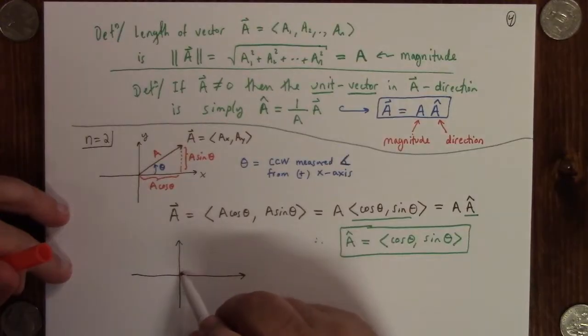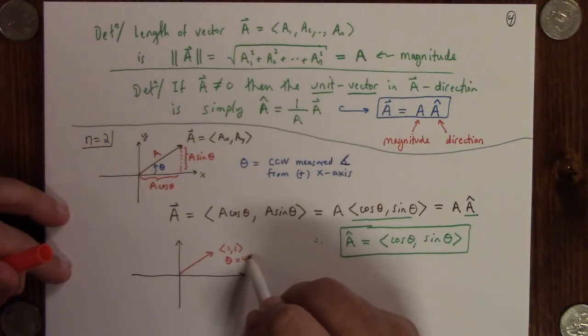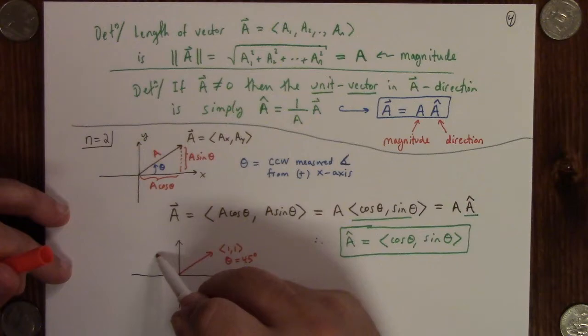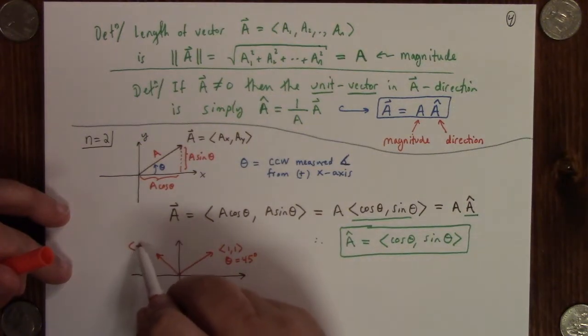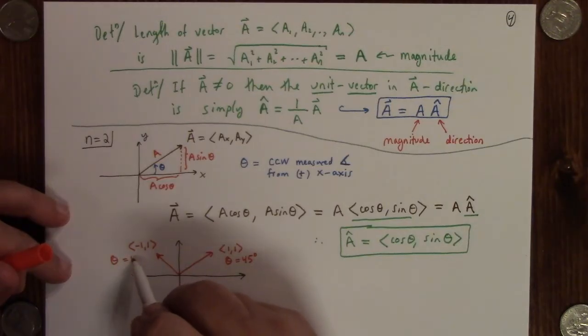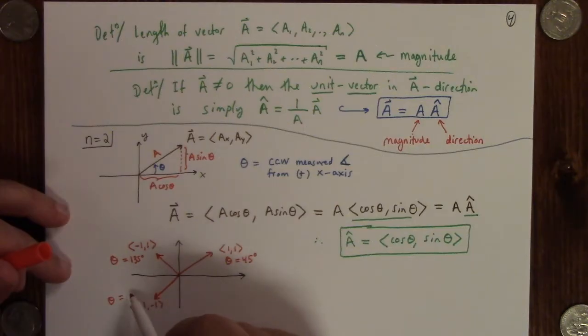But just a quick example. This vector 1, 1 has theta equal to, I'll do it in degrees right now, you could do it in radians if you want, 45 degrees. This one over here, which would be something like minus 1, 1, has theta equal to 135 degrees. This one down here, minus 1, minus 1, theta equals 180 plus 45, 225 degrees.